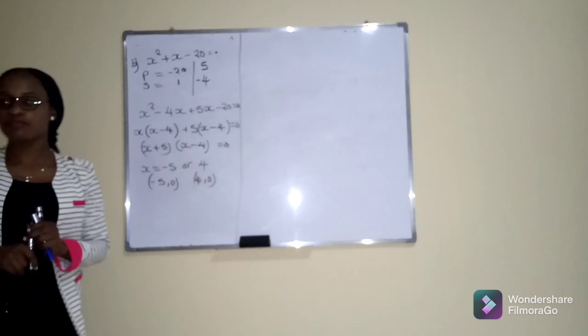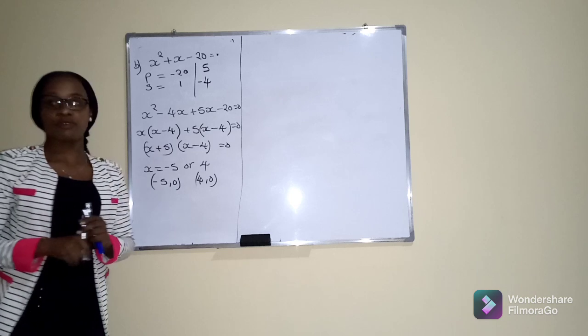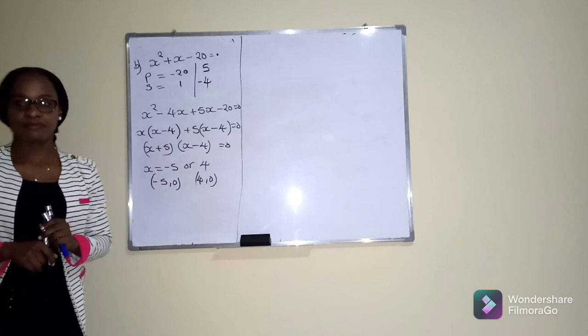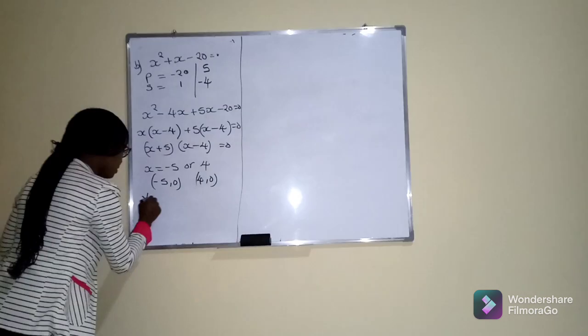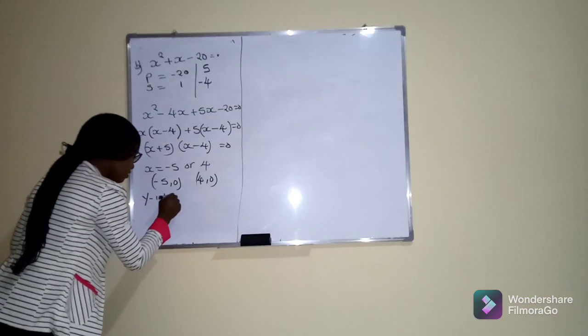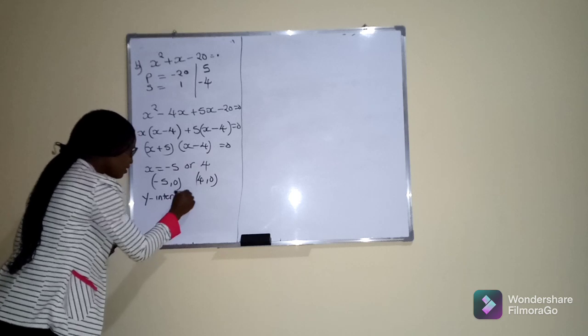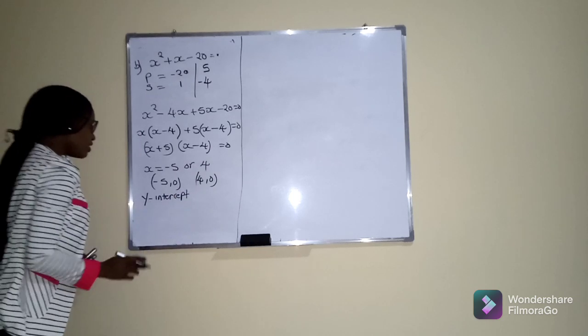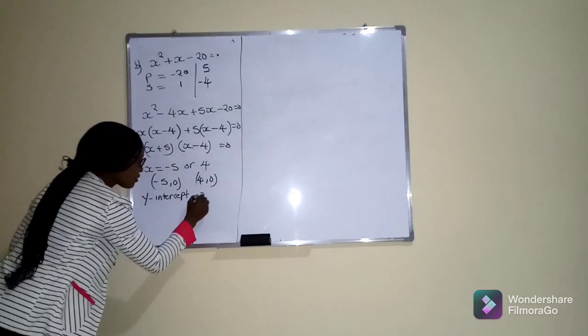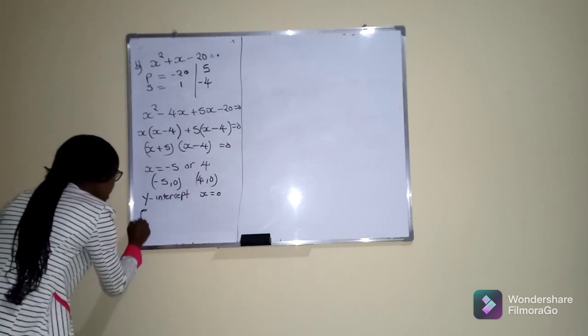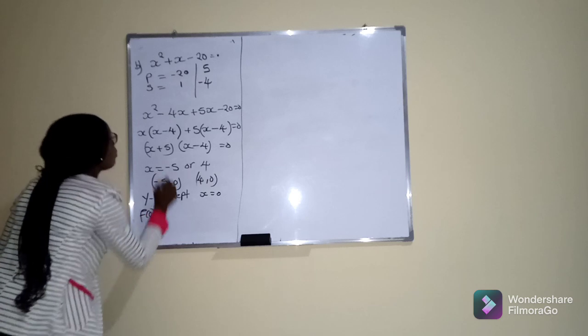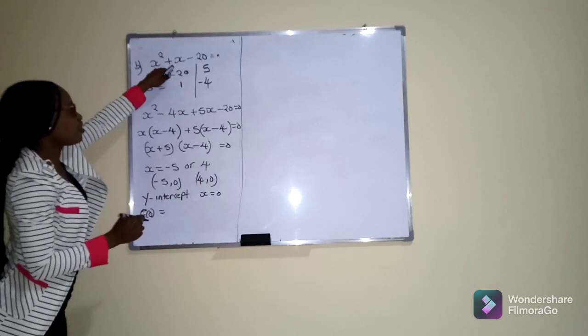Now what we have to find is the y-intercept. And for us to find this y-intercept, we consider x to be equal to 0. So if this is f of 0, this is the function that we are looking at.